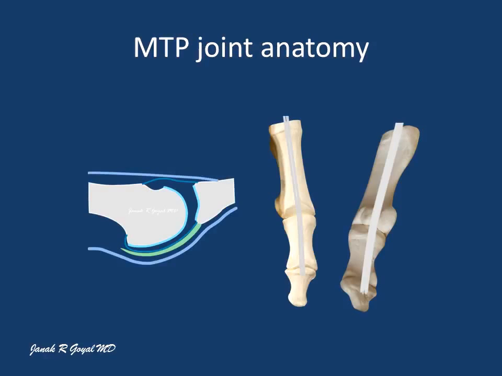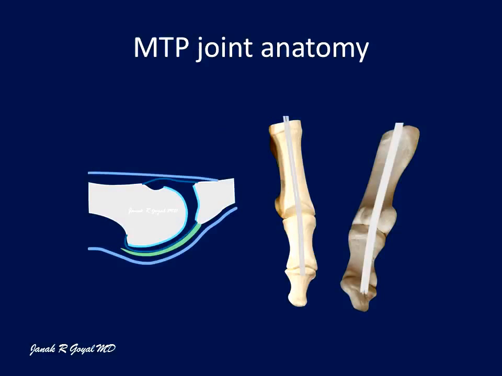Let's further look into the MTP joint anatomy. The articular surface covers the distal and the plantar aspect of the metatarsal head but does not cover the dorsal aspect. The first metatarsal head has two sesamoid bones embedded in the joint capsule.